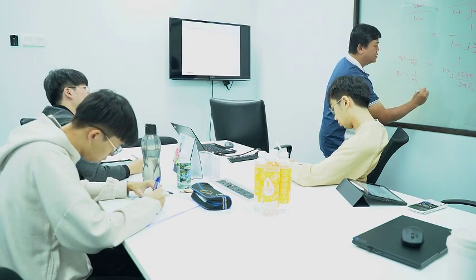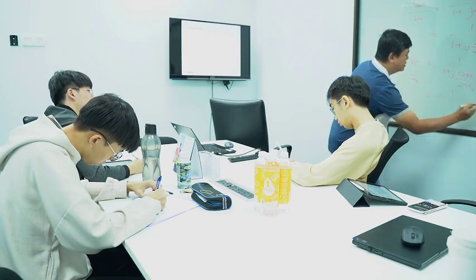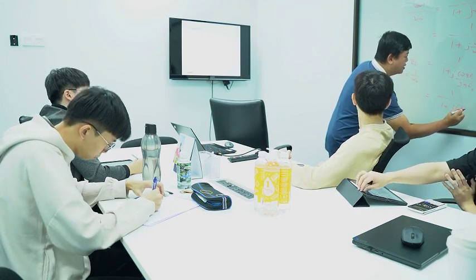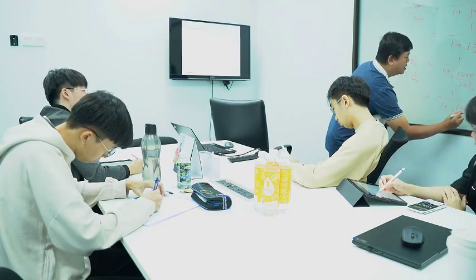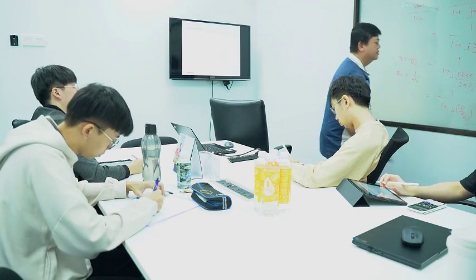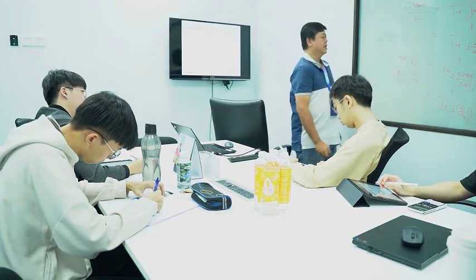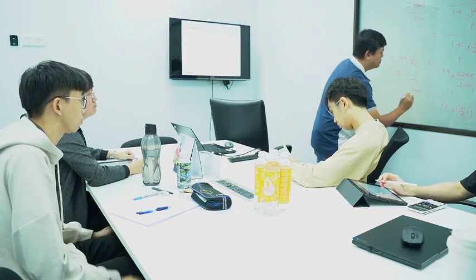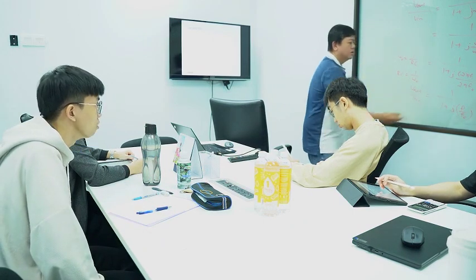So after that, it becomes 1 plus j f divided by f0. And this is your transfer function Vout divided by Vin.